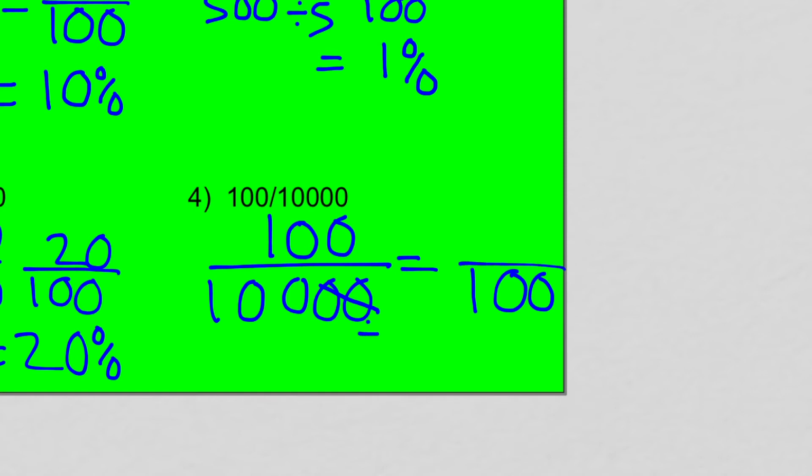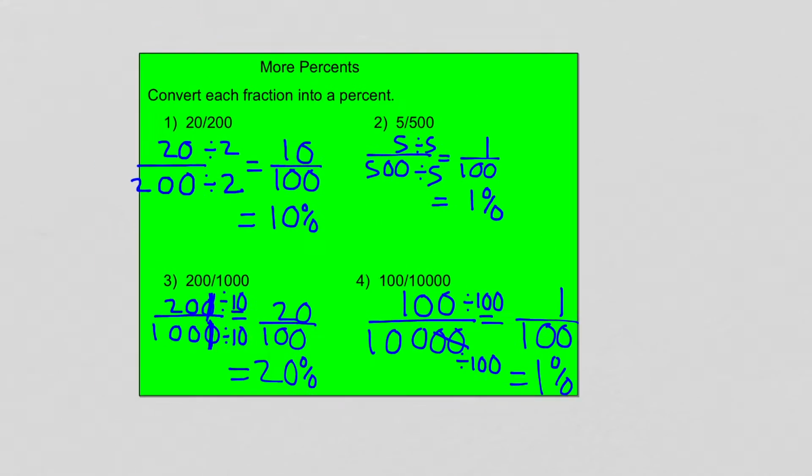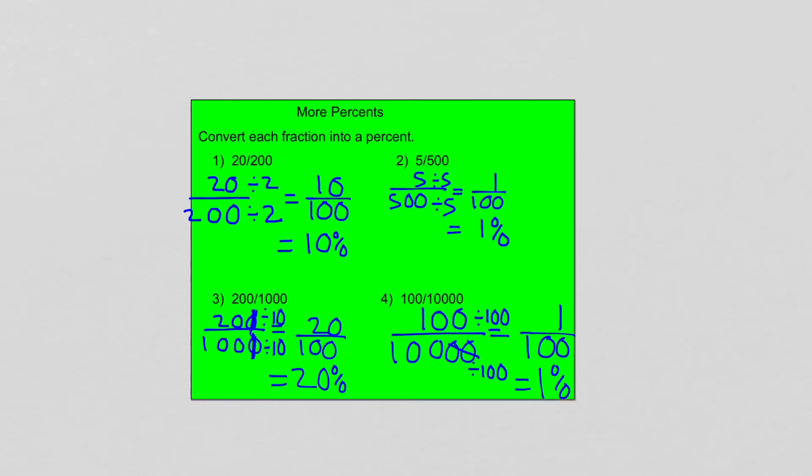By dividing by 100. And then if I do the same thing to the top, 100 divided by 100 is 1. And then 1 out of 100 is 1%. So I'm always trying to figure out what I can do to make the fraction out of 100, because percent means out of 100.